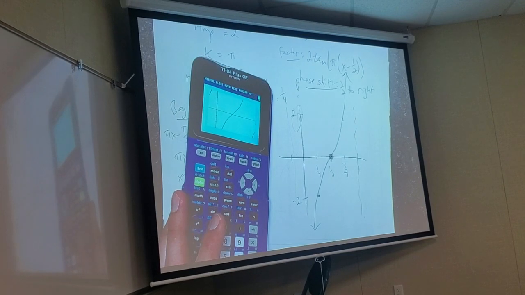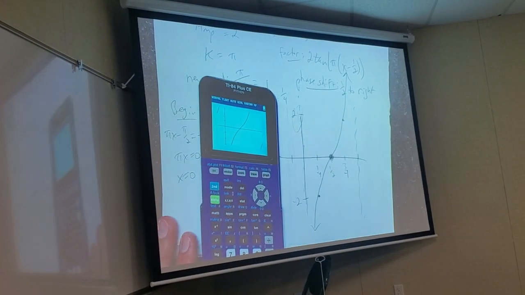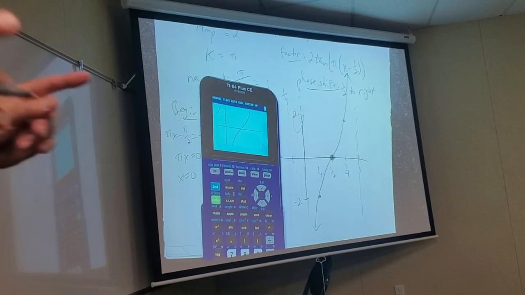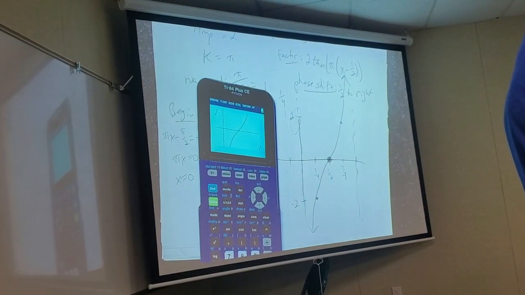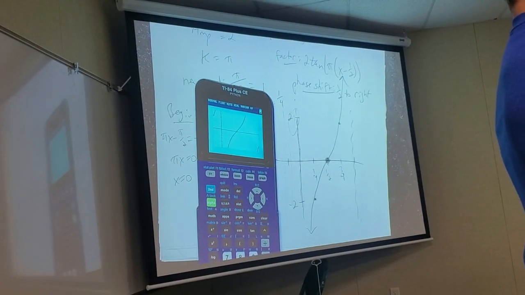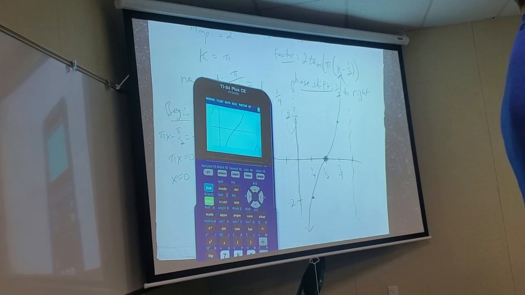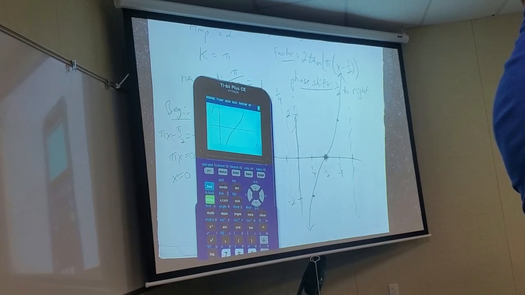Kind of nice. Okay. So what I know is that tangent always has asymptotes on either side, and in the very middle, it goes to 0. Because at 0 degrees, cosine is 1.